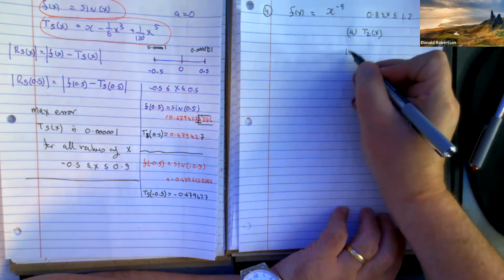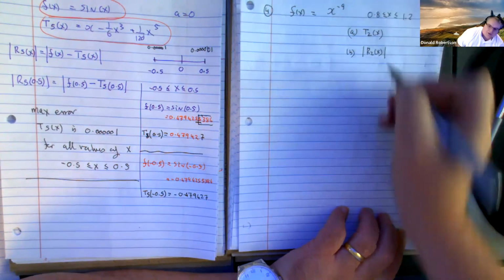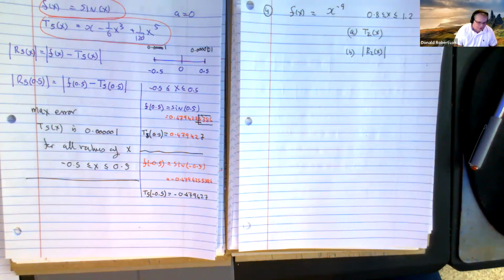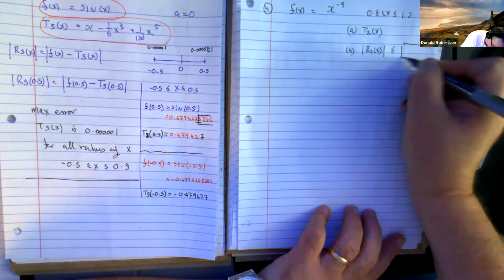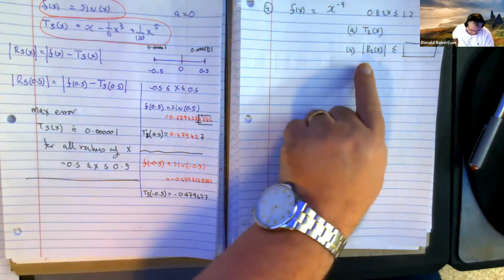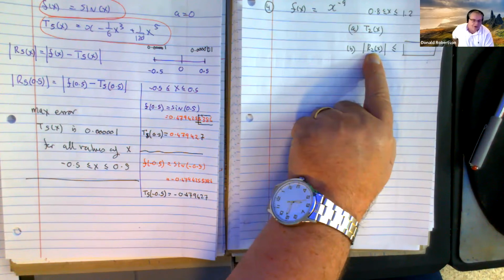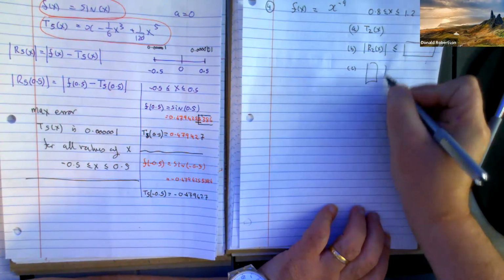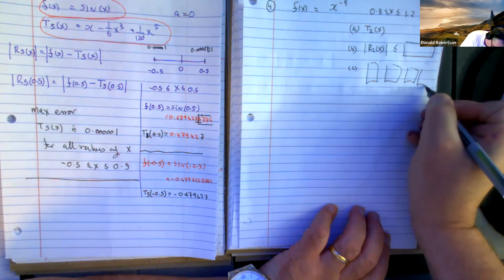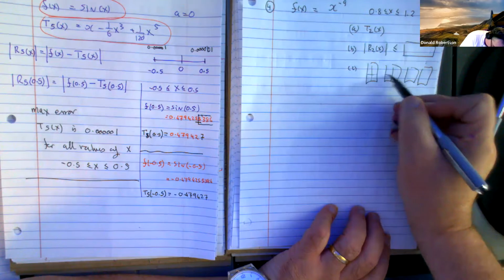In part B, you're being asked to find the maximum value of the remainder. And the way they write it is like that, and you put the number in the box. So as long as x is in that range, if I use T2, what's the worst error? And then part C is they give you some graphs where you plot this function and you choose the one that looks like it.